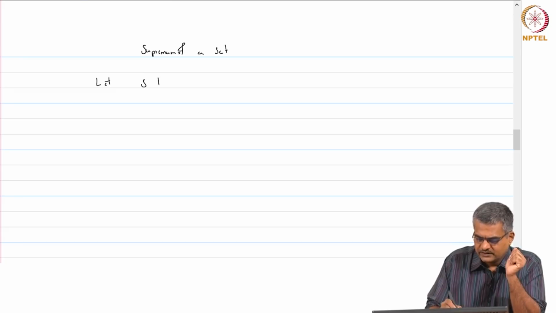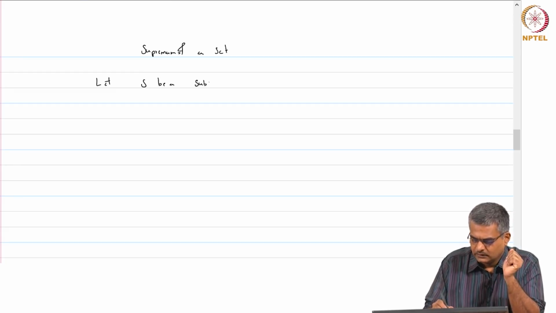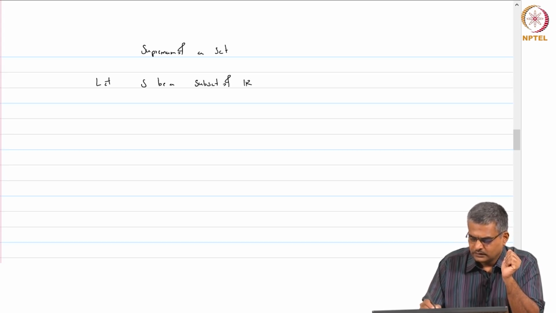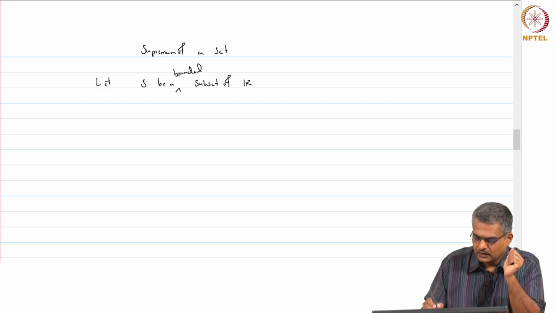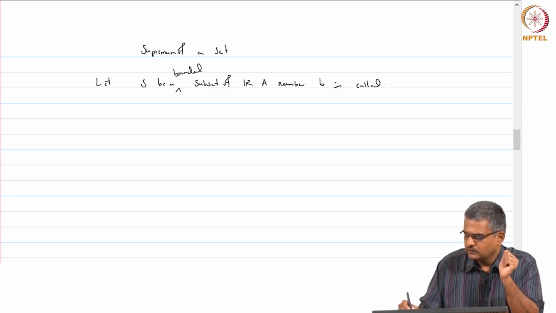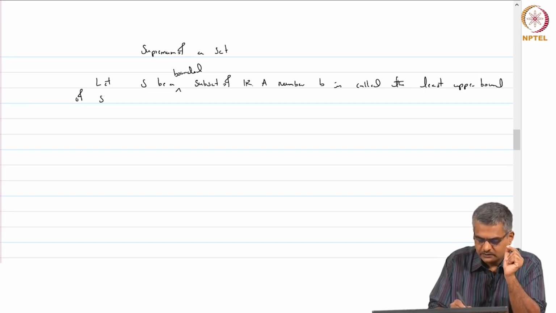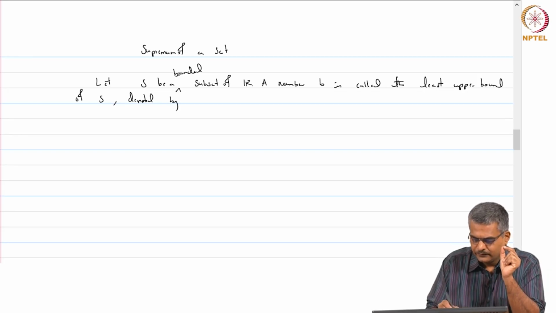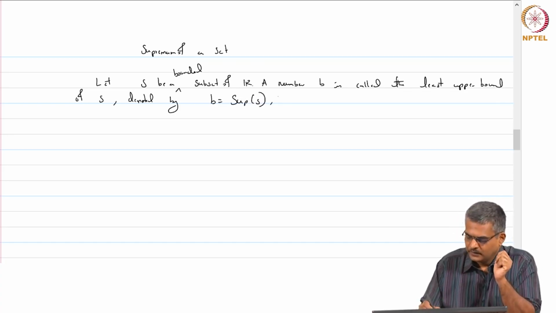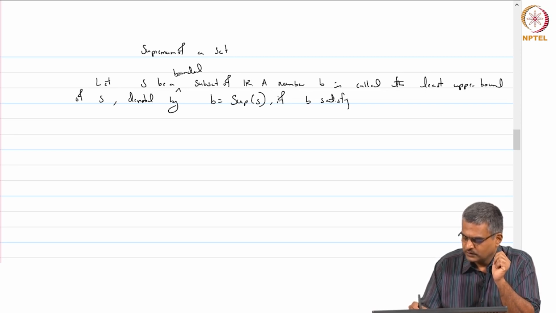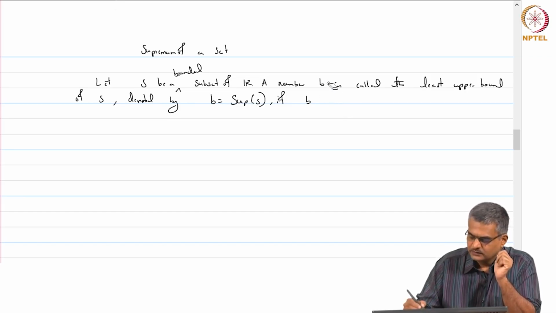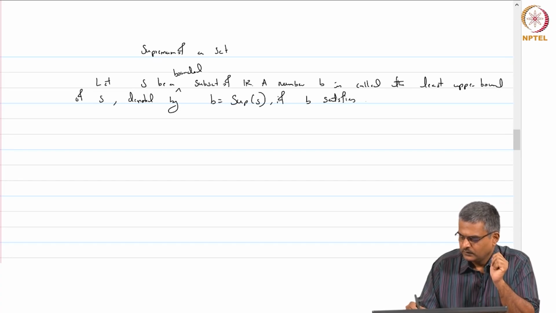So, let S be a subset of R, right, let S be a bounded subset of R. A number B is called least upper bound of S, denoted by B is supremum of the set S, sup of S we call, if B satisfies the following conditions.